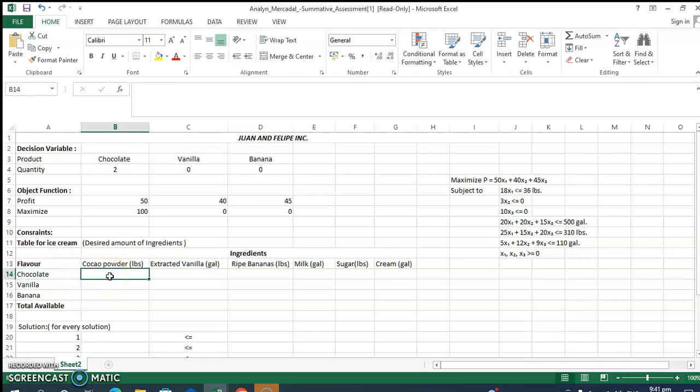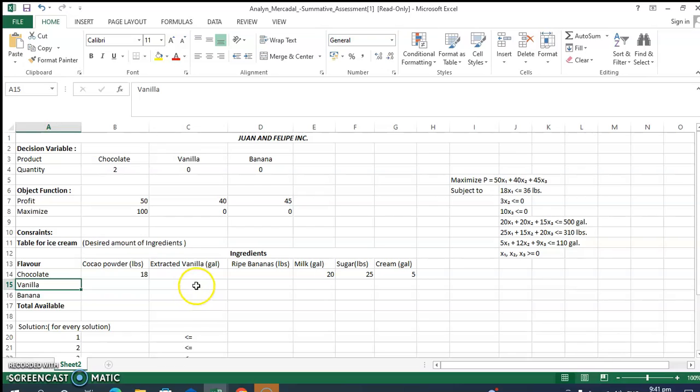So the ingredients needed for chocolate is 18 pounds of cocoa powder and 20 gallons of milk, 25 pounds of sugar, and 5 gallons of cream.